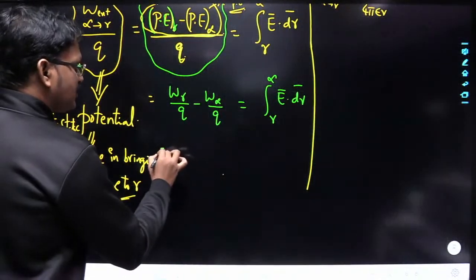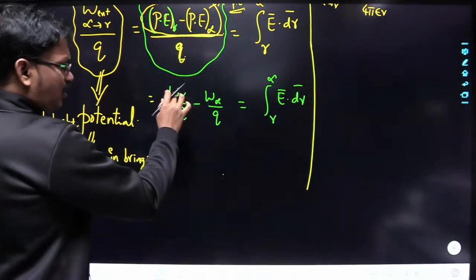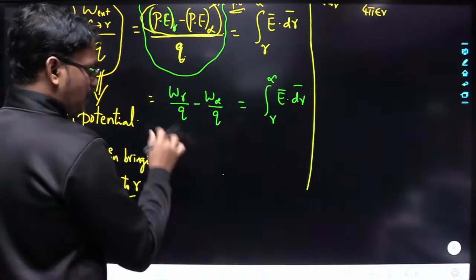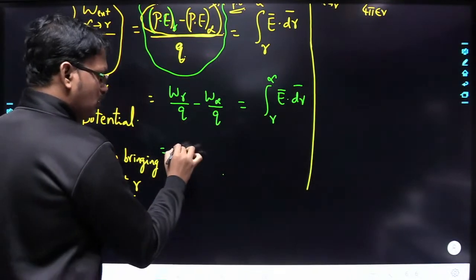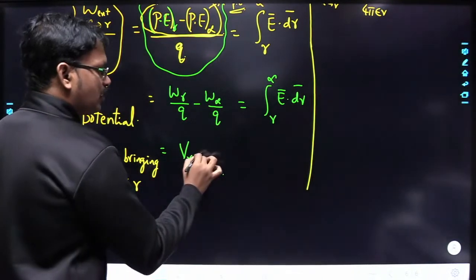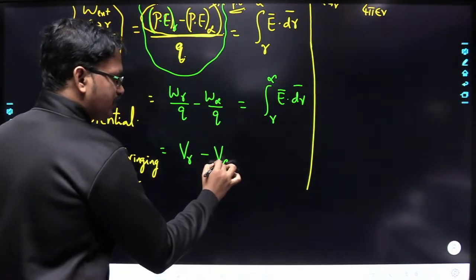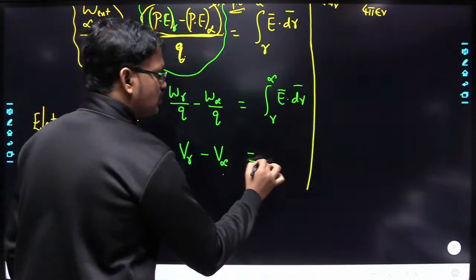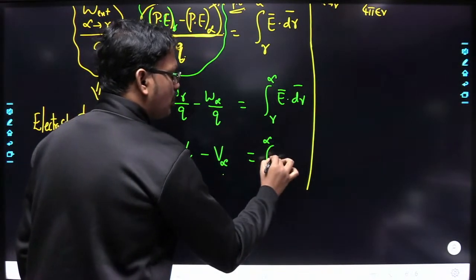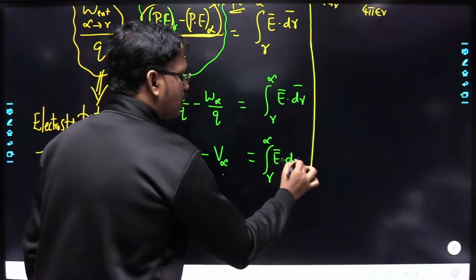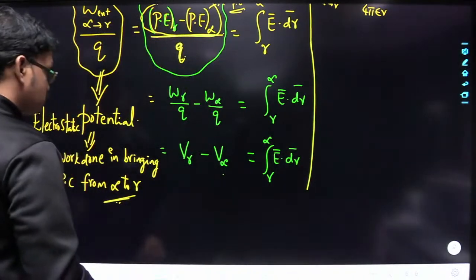The potential energy at R per unit charge I call potential at R, VR, minus the potential at infinity, V infinity. So this is equal to the integral from R to infinity of E bar dot dr bar. Understood?